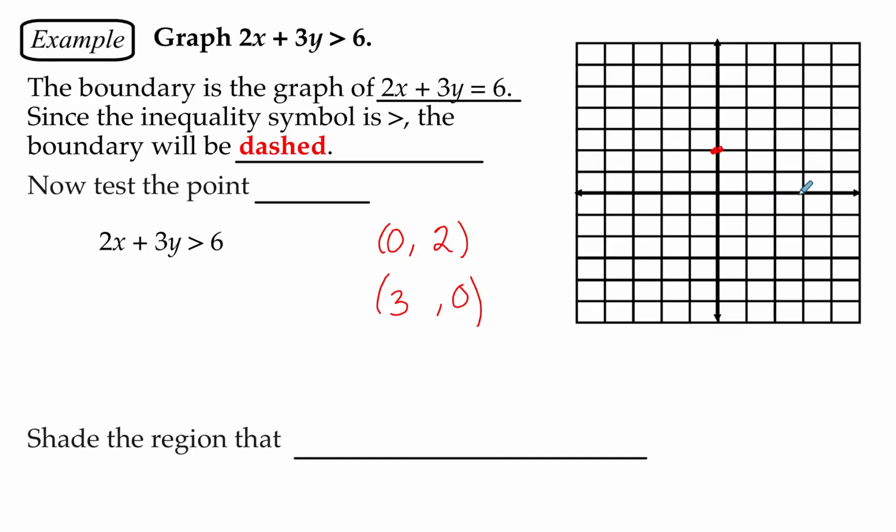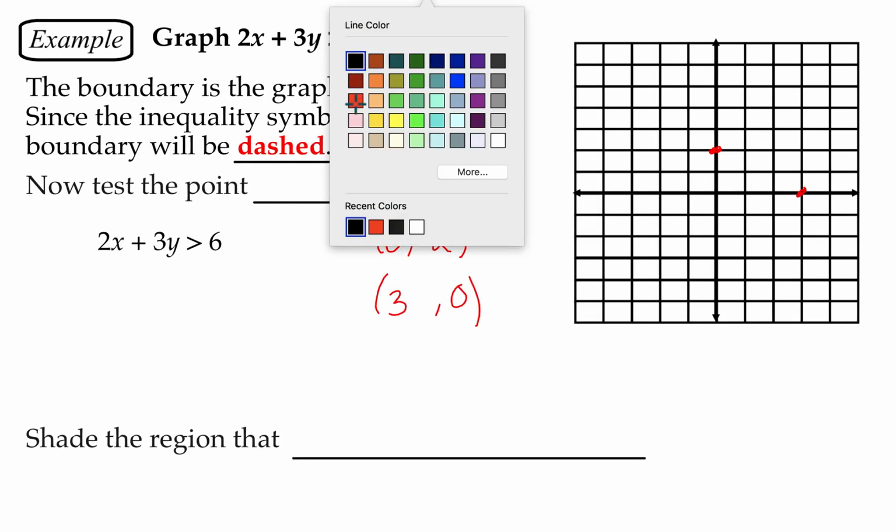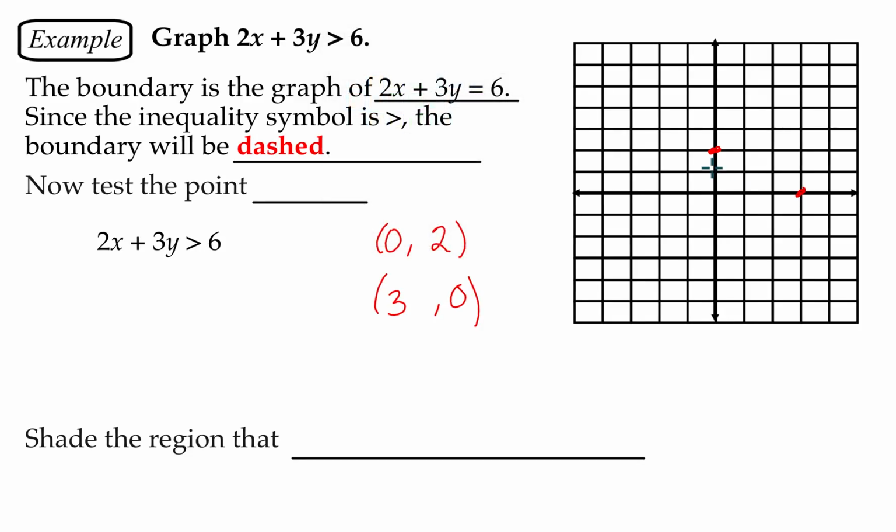The points (0, 2) and (3, 0) are right there, so you can get an idea of what your line is going to look like. And we said that's going to be a dashed line, so I could go ahead and draw that in here, and let's make that a red line to match the color of my points. I want to go from here to here.